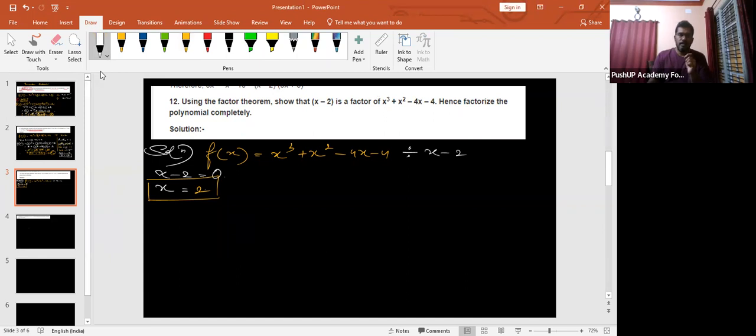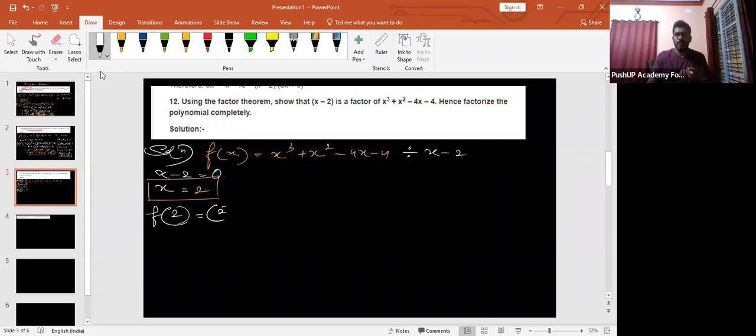Now, x is equal to 2. Let's substitute the value of x as 2 into the polynomial. You have to show that x minus 2 is a factor, so we substitute x as 2 and show that the remainder is equal to 0.